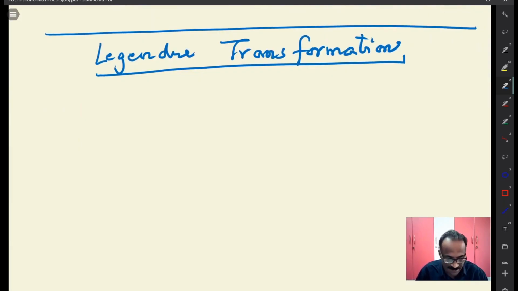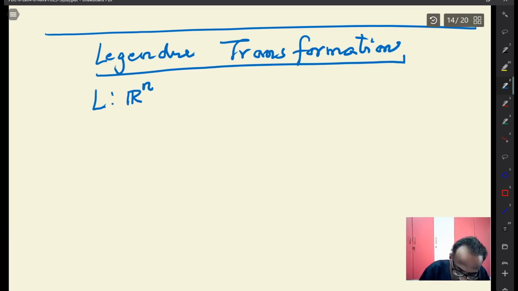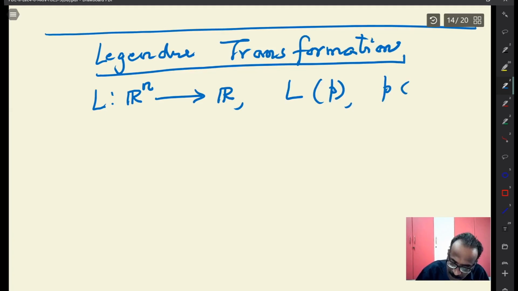Okay, so look at the way, you are considering L as a function of, in this case, L is only a function from Rn to Rn. So that we use the parameter P, with P in Rn. Now look at the way P is defined here.